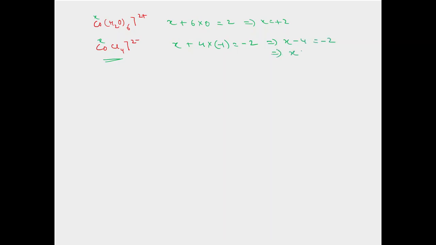That is, X is again plus 2. So for both complexes, cobalt is in the plus 2 oxidation state. Free cobalt has a d7s2 configuration, but in the plus 2 oxidation state it's a d7 system.